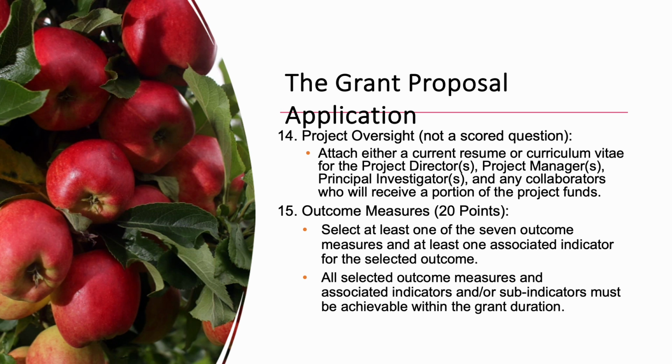As a reminder, all chosen outcome measures and associated indicators and/or sub-indicators must be achievable within the grant duration. It is important to note that the outcome measures and indicators were developed by USDA and the Office of Management and Budget and therefore cannot be changed, altered, reworded, or amended in any way. As mentioned, the outcome measures section will be reviewed in more detail in a separate presentation.